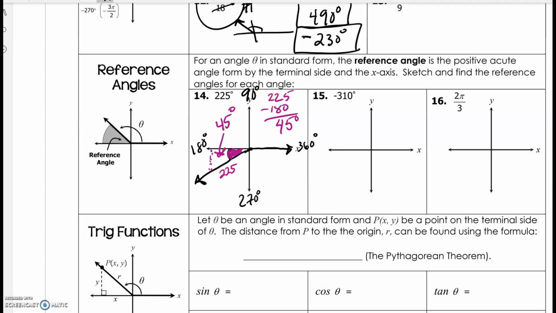So next angle I'm looking at is negative 310. Now, this time I'm starting and I'm going in the negative direction. So negative 180, negative 270. Well, negative 310 is going to fall here. And I want to know the difference.